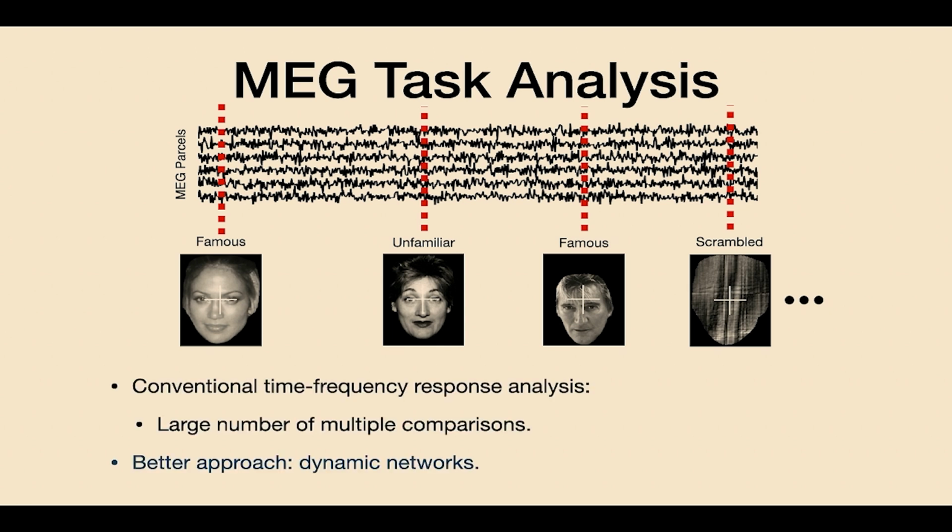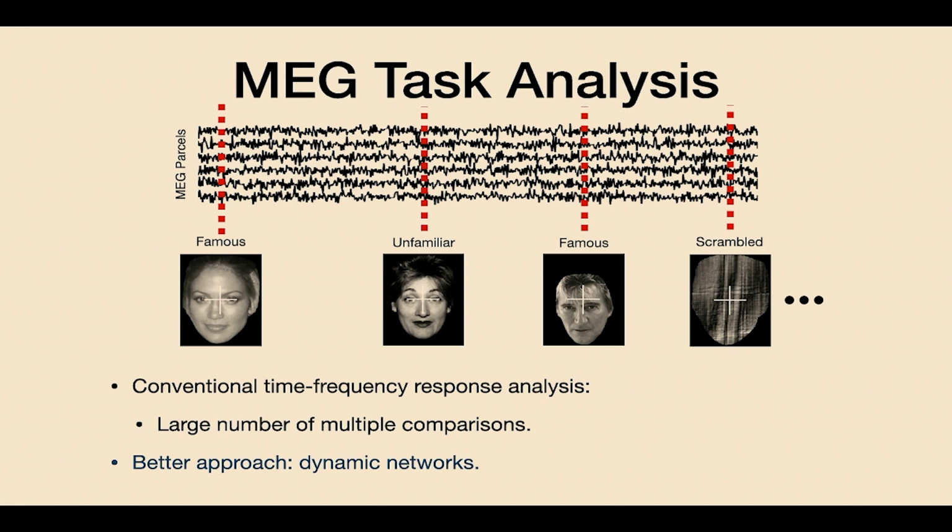A conventional approach is to do a time frequency response where, for each parcel or sensor, you calculate either a wavelet or some form of time frequency decomposition, and then you look for the response around events. This has a debilitating number of multiple comparisons and could reduce your statistical sensitivity.